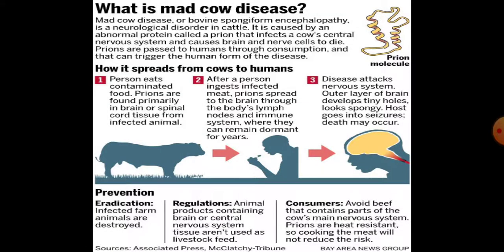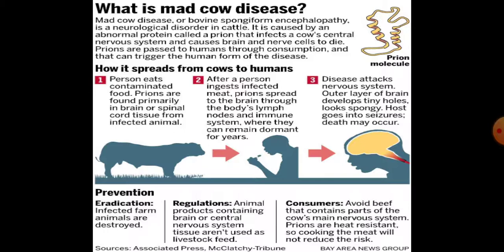This mad cow disease is also known as bovine spongiform encephalopathy because it causes pores in the outer covering of the brain in cattle, and gradually results in death, with the appearance of mad seizures in the cattle.